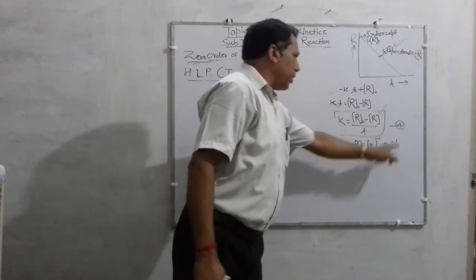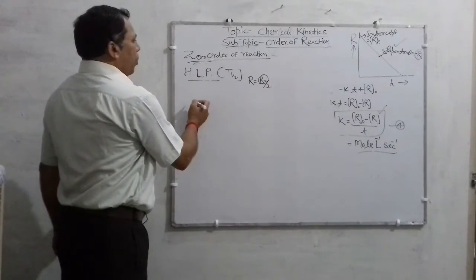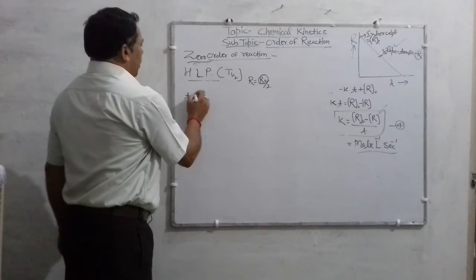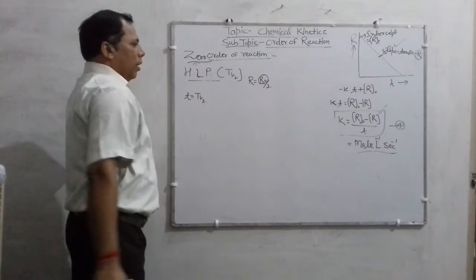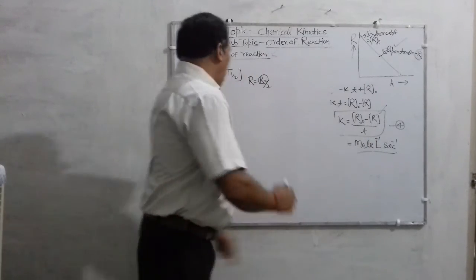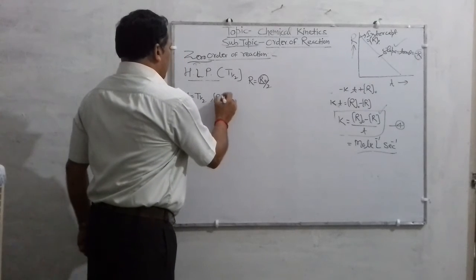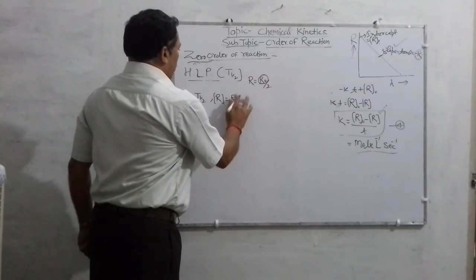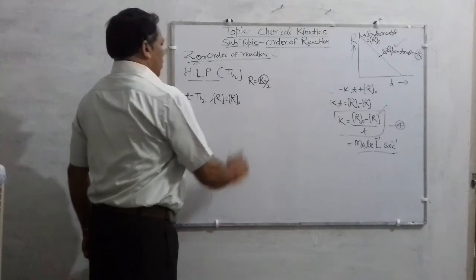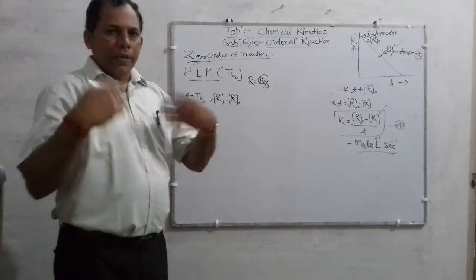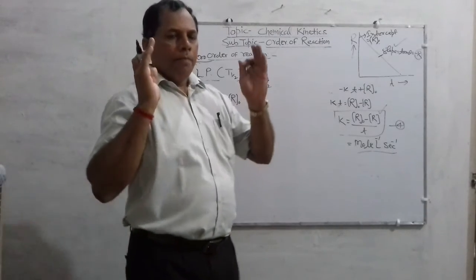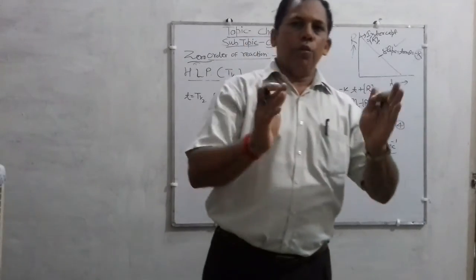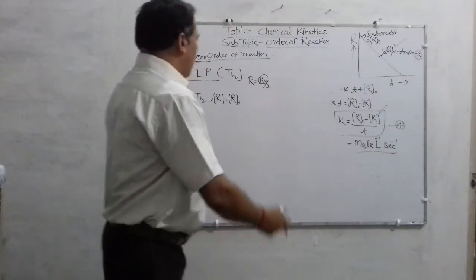So in this expression 4, children, if you put T equal to T half, and in place of R put R0 by 2, then you will get the expression relating the rate constant K for zero order reaction and half-life period.